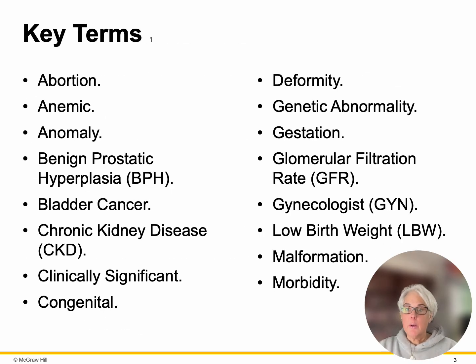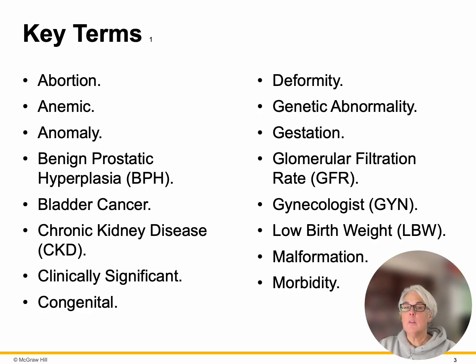Before we dive into the codes, I want to make sure that we share the same vocabulary. When I say abortion in this chapter, I mean any loss or termination of pregnancy before viability, whether it's spontaneous or induced. Congenital, malformation, deformity, and anomaly all describe conditions that are present at birth.